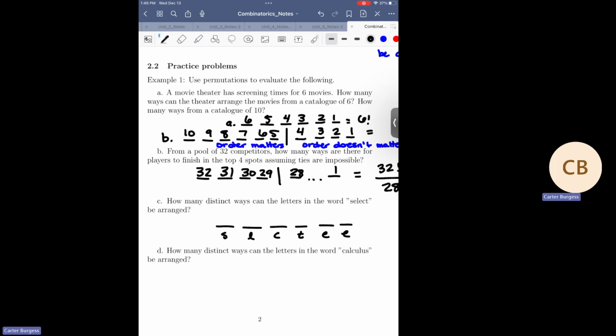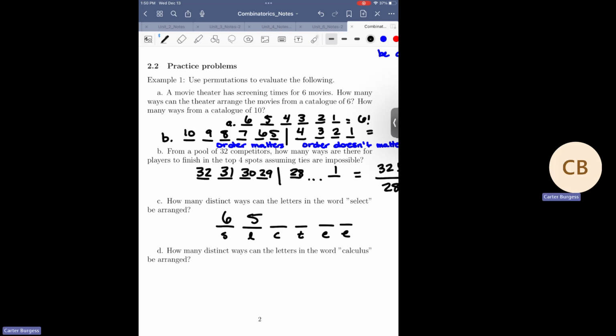How many different positions in my final word do I have if I'm going to put S in there first? How many different locations could S live? 6 different locations. Okay. How many different locations after I have assigned S will I have for L? 5.